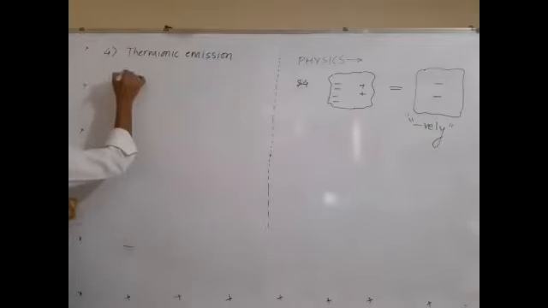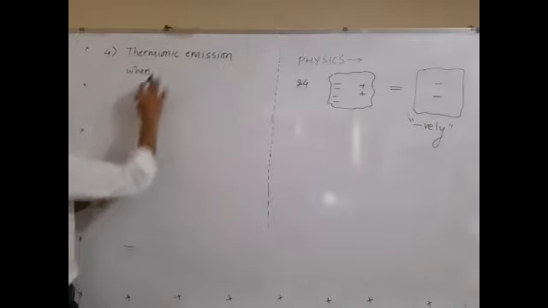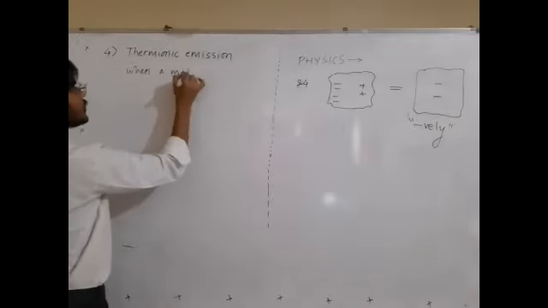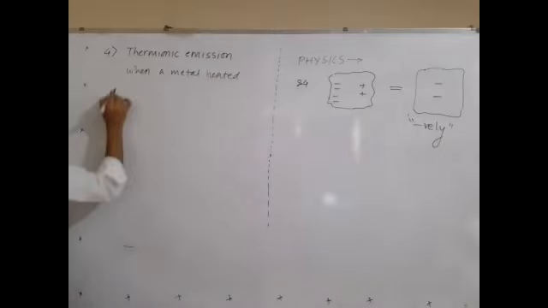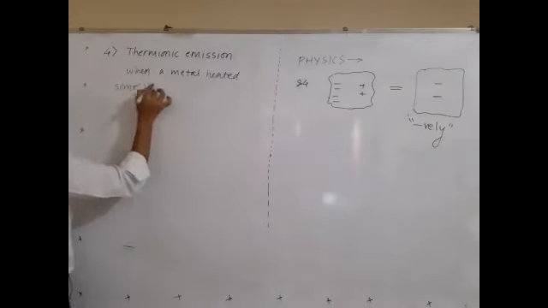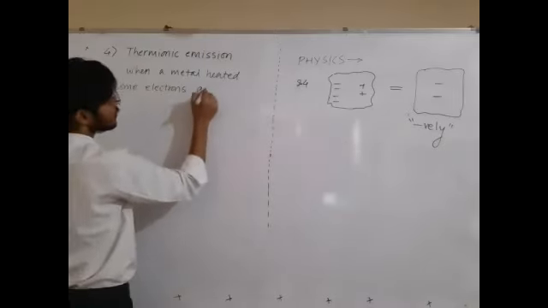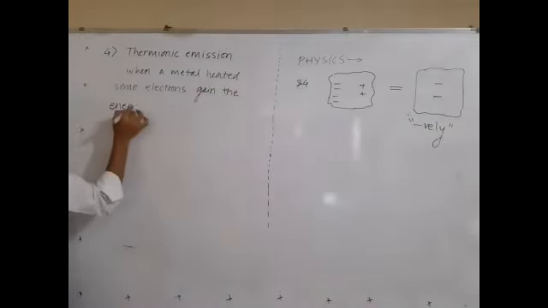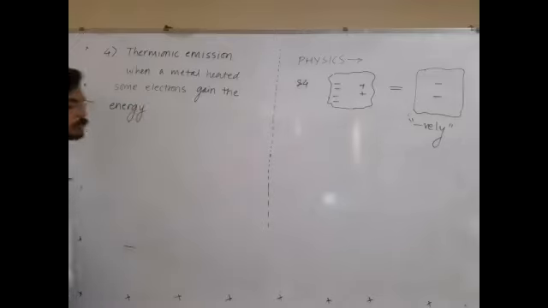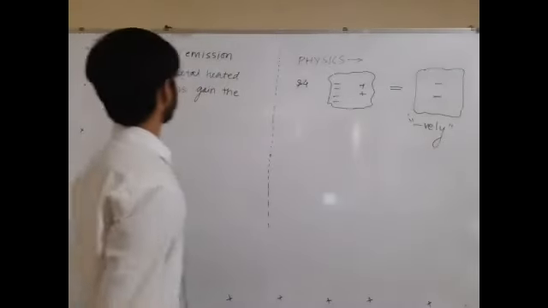Write down. When a metal is heated, some electrons gain energy, of course it is thermal energy, and ultimately that results in an increase in the kinetic energy of electrons.